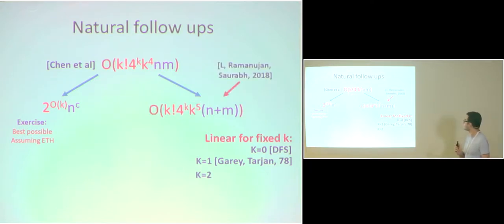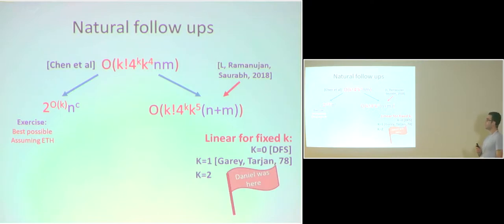So in 2018, so next year, the upcoming SODA, me, MSR, who gave a talk yesterday, and Saket, who I think gave a talk on Monday, we gave an algorithm with basically the same dependence on the parameter, but now linear dependence on the size of the input. So for k equal to 2, it seems that we are first.